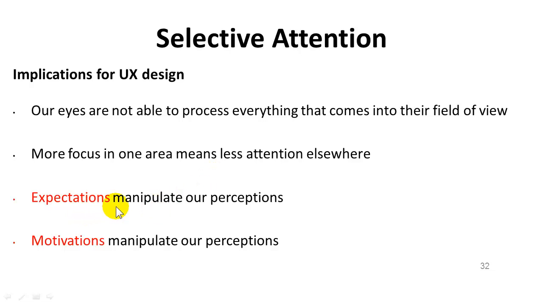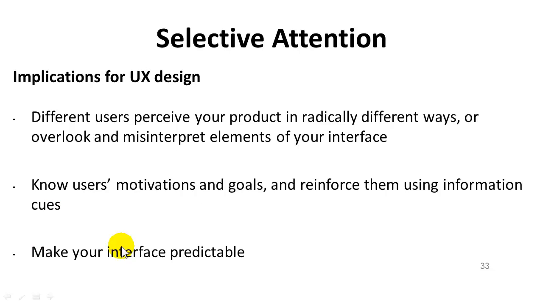Our expectations manipulate our perceptions. We have an idea of what we're expecting to find. Our motivations manipulate our perception. We have a reason for doing things. Different users may perceive your product in different ways, or they may overlook or misinterpret some parts of your interface.